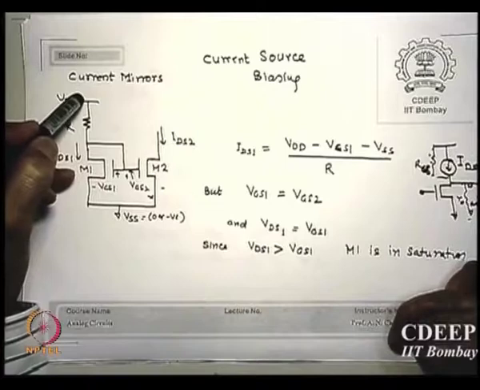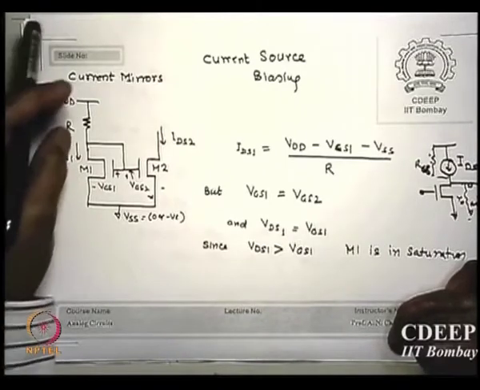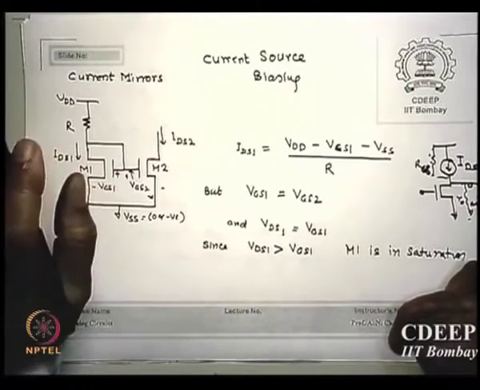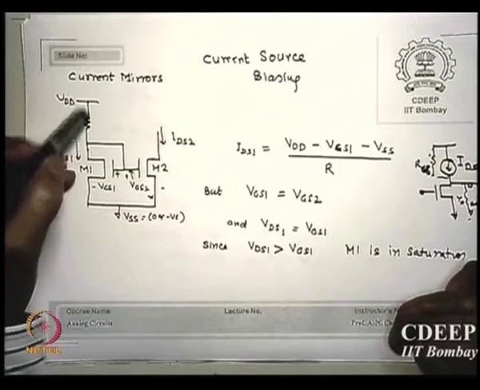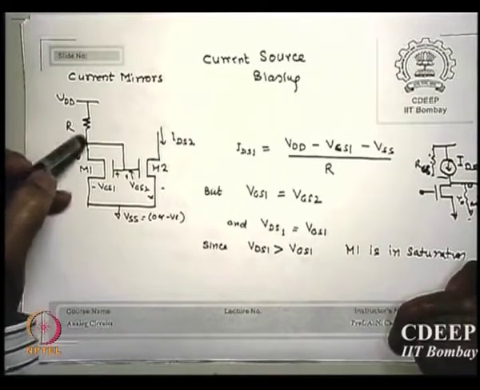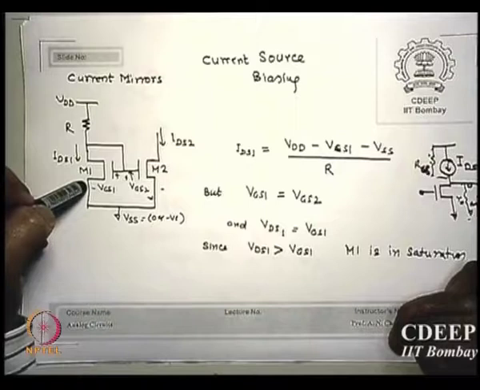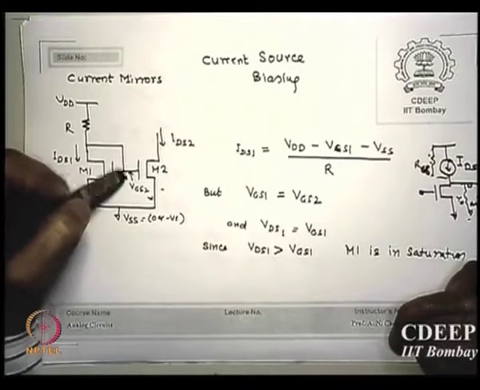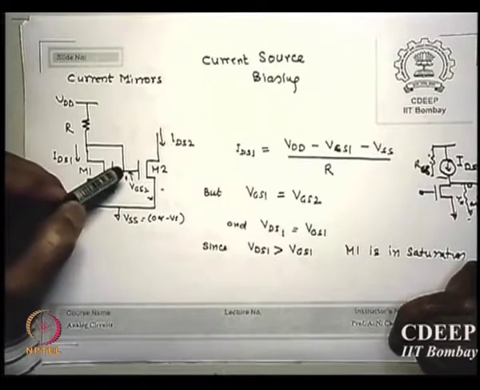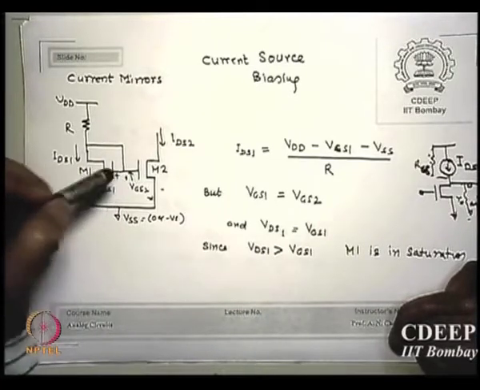VDD, please look at it, VDD minus the... please remember there is no gate current. So whatever current is flowing in R is the same current flowing in the transistor. There is no gate current. It is not transistor biasing where base current exists. There also we will neglect it, in the case of bipolar mirrors we neglect that.